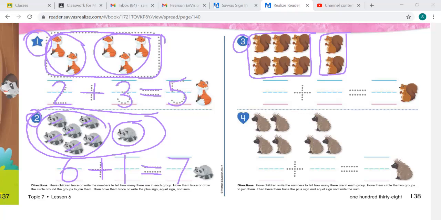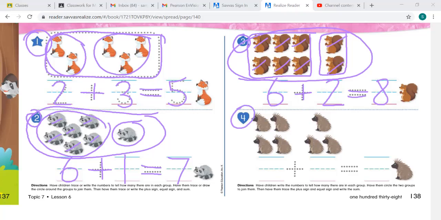So we're going to write our addition sentence. 6 plus, because we're joining them, 6 plus 2 equals how many? 8. So we have 6 here. 1, 2, 3, 4, 5, 6. And we're adding 2 more. So 6, 7, 8.